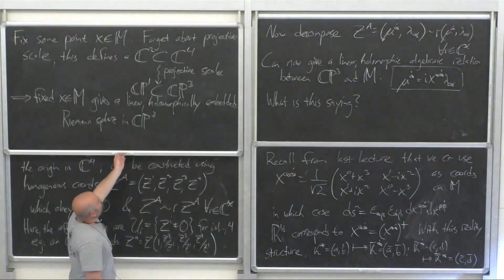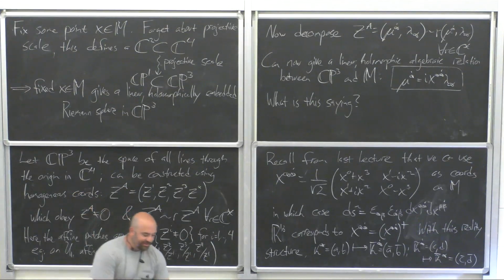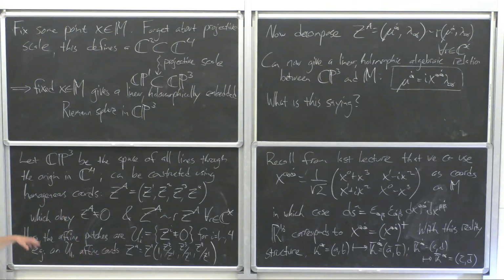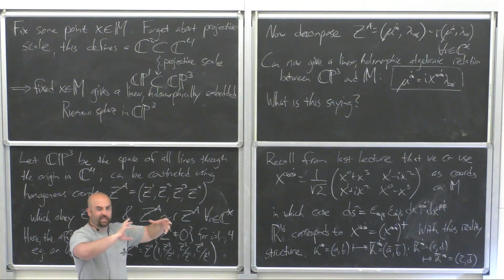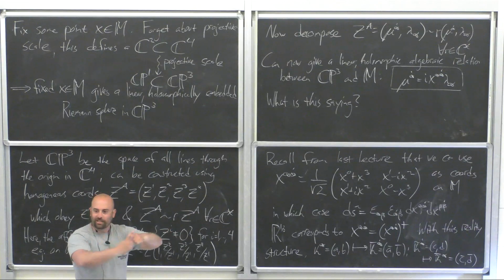And an upshot of that is that when we think about these spheres that we're getting in CP3, you can imagine them just as lines in R3. So all of your geometric intuition from your day-to-day life is going to carry over. You might say, well, why is that the case? If I have two spheres, they could intersect like in a circle, right? And lines can't do that.